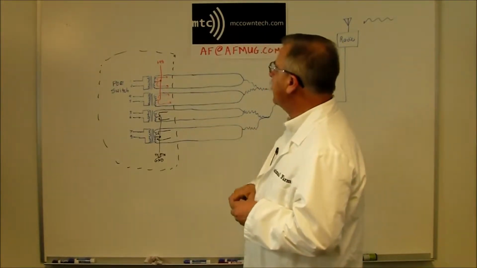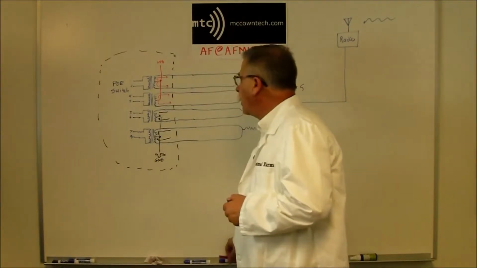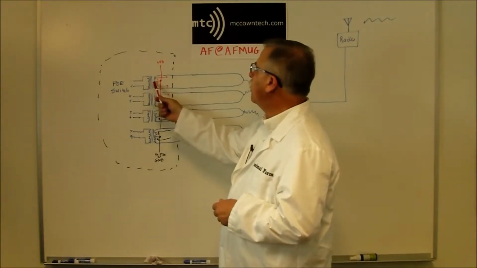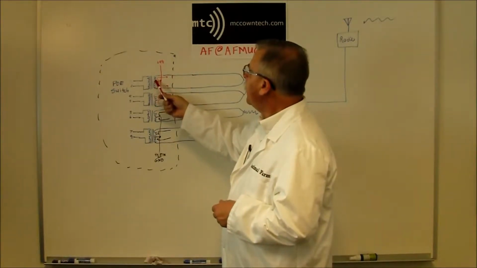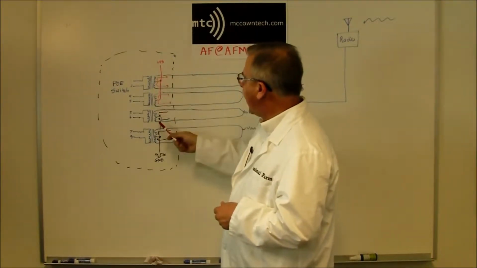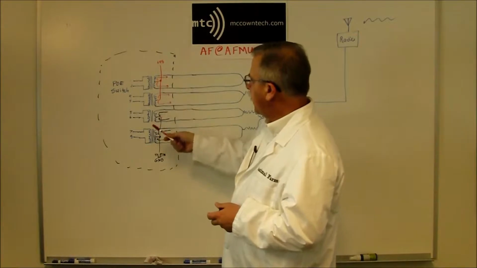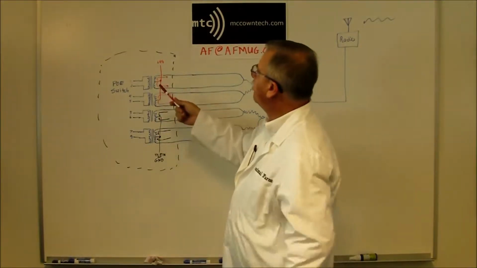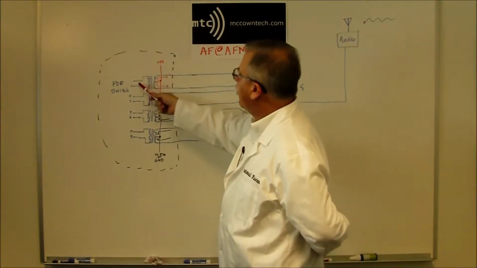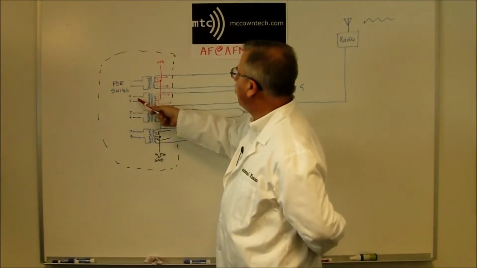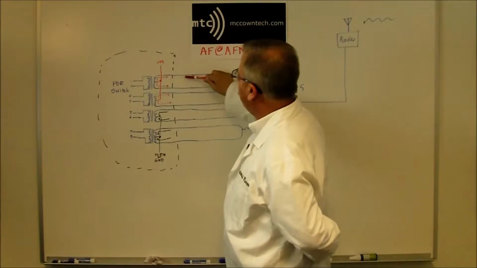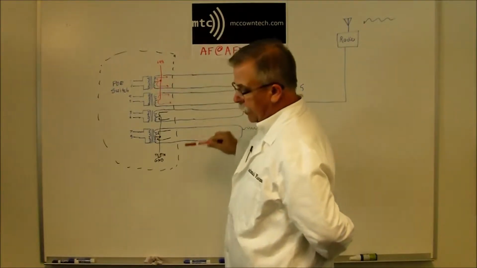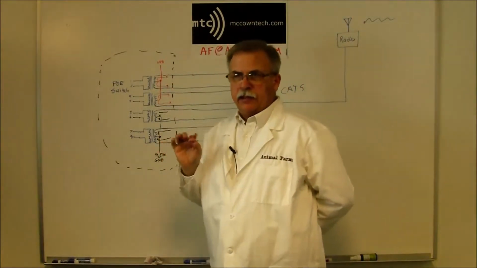But in this case, these transformers on PoE circuits have a center tap on the secondary, or on the output. And that's where you feed in the actual power, showing in this configuration +48 on pins 1 and 2 and 4 and 5. Since it's fed into the center of the transformer, the current flows equally down both lines of the Cat5, and it doesn't cause any interference with the data.